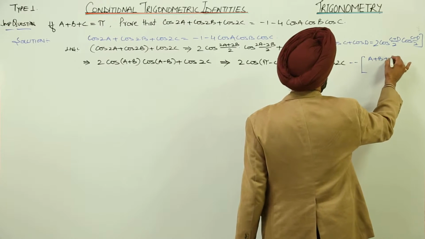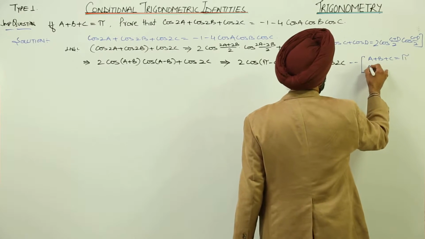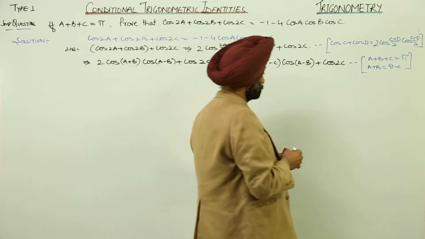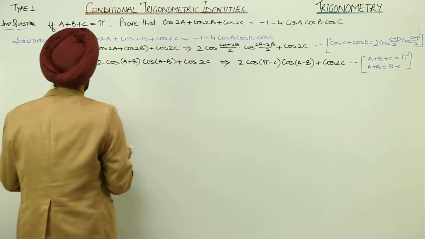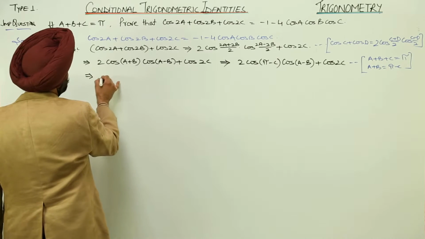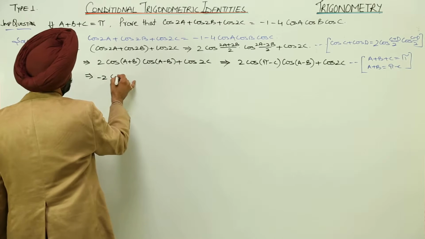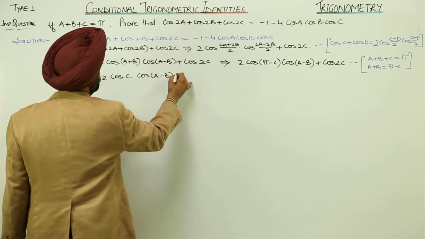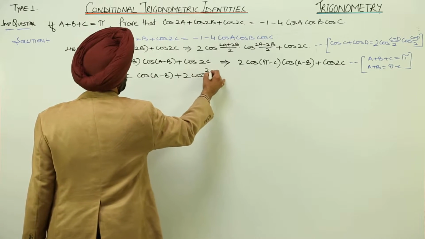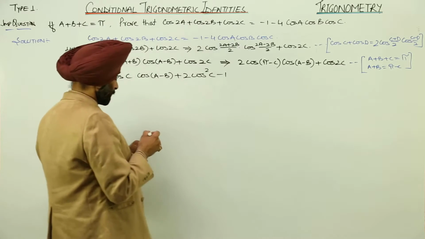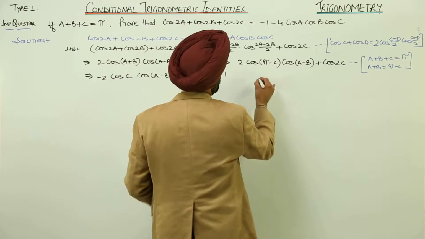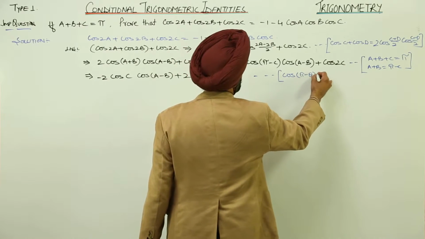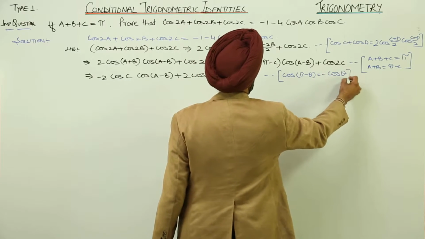A plus B plus C is equal to pi, so A plus B is equal to pi minus C. This becomes negative of 2 cos C cos (A minus B) plus 2 cos square C minus 1. Cos (pi minus theta) is equal to negative of cos theta.